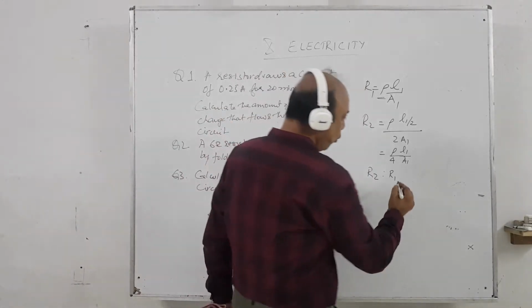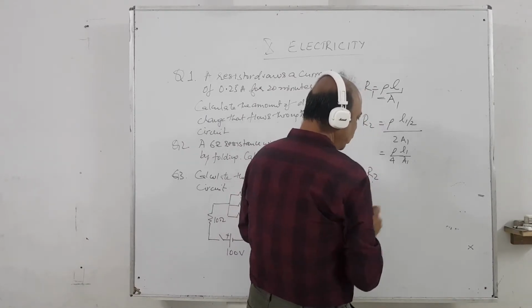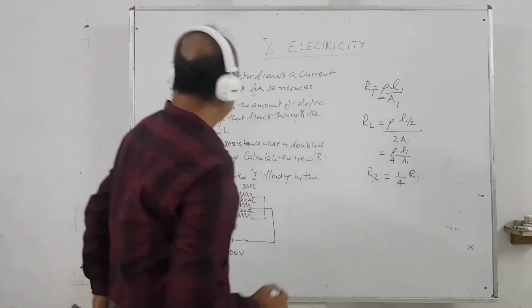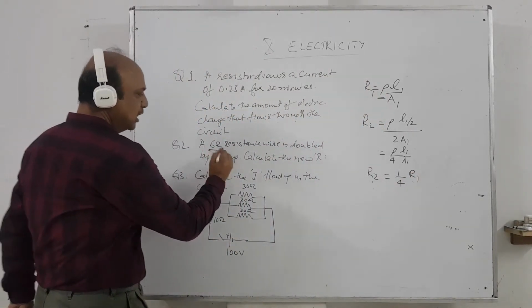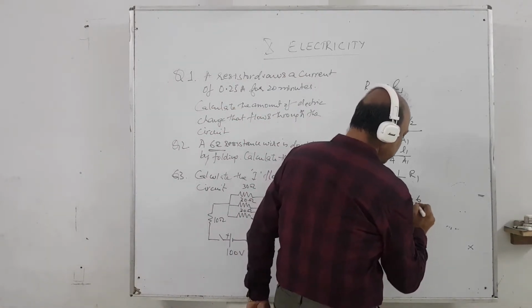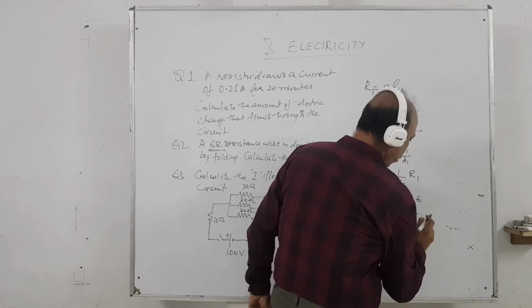R2 is 1/4 of R1. Now what is the value of R1? 6 ohms. So let us substitute that value here, 1 upon 4 into 6. So that becomes 1.5 ohms.